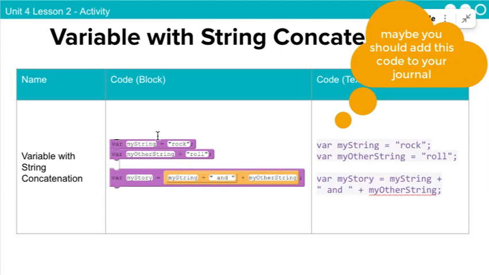So if I say variable my string equals rock, variable my other string equals roll, I can say variable my story or my sentence equals the name of the variable without quotations plus quote, space, and space, quote, plus my other string, which is the variable name without quotations. So whenever you're using a variable name, you don't have to put quotations around it, and you should not put quotations around it.